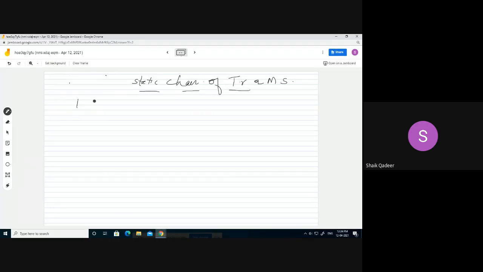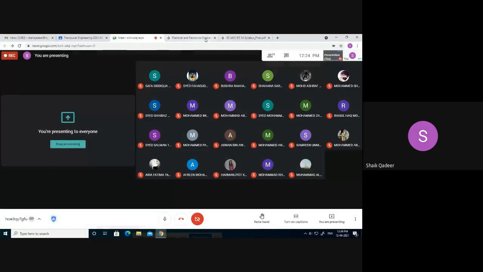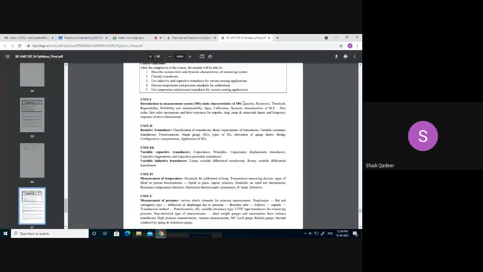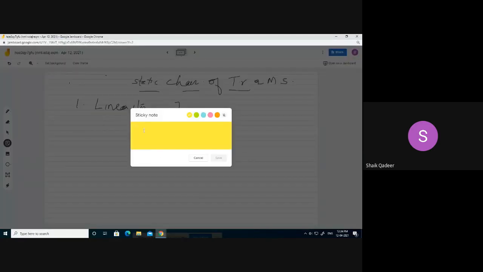First, we will study linearity, the linearity of a measurement system. There are many more, but we are learning only this many.